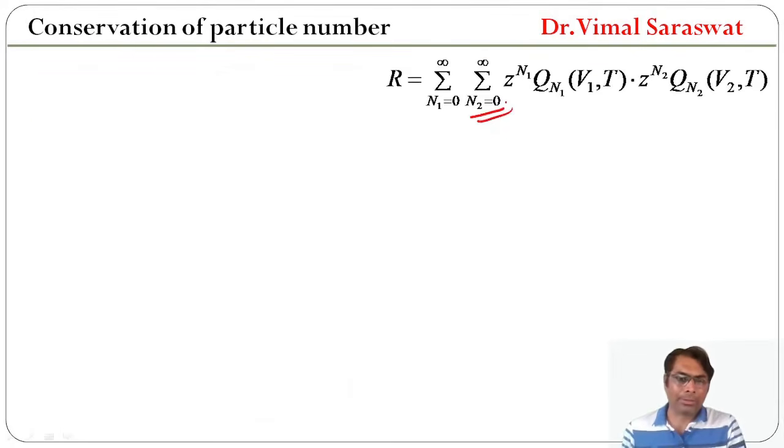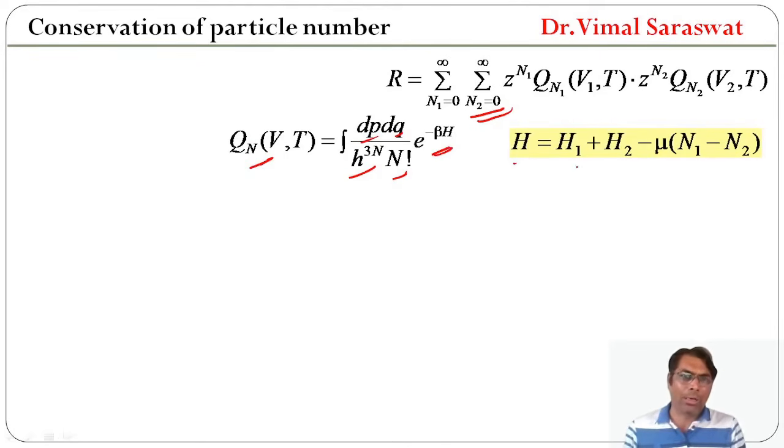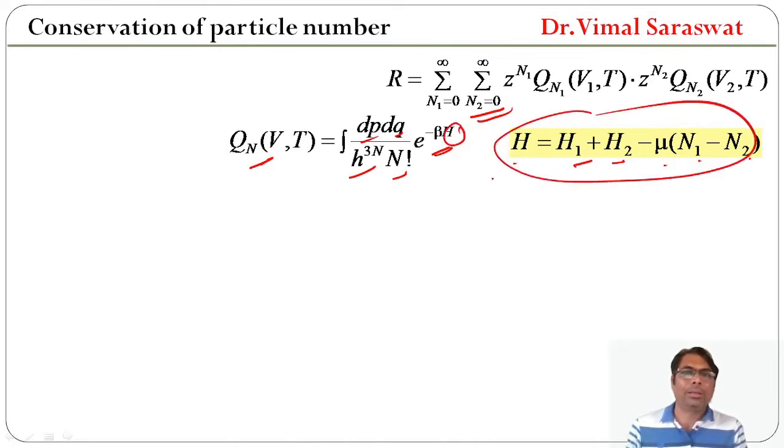Since Q N V T equal to integration dp dq upon h raised to 3N factorial N exponential minus beta H, and H equal to H1 plus H2 minus mu (N1 minus N2). So H is replaced with this one.